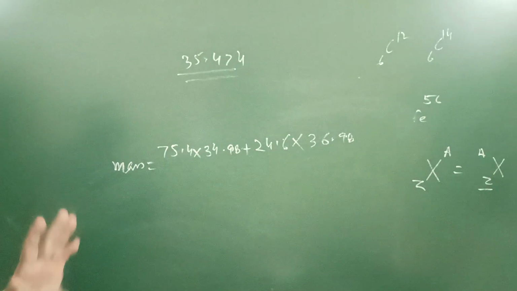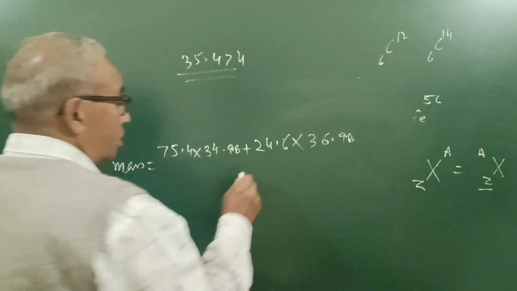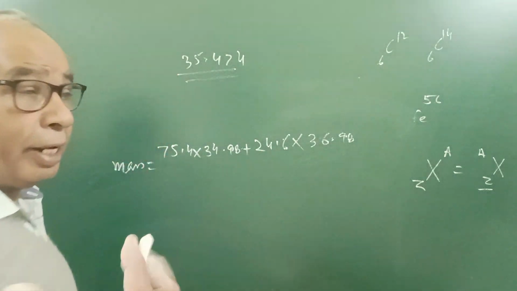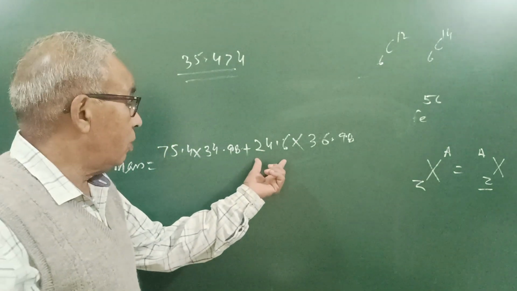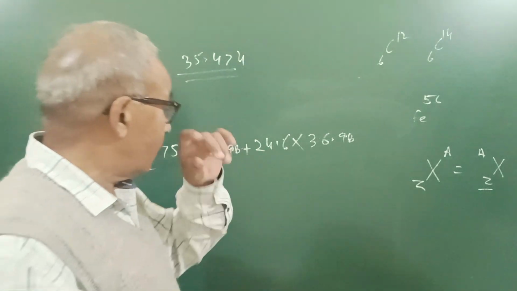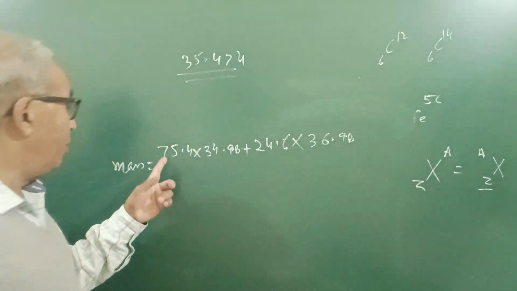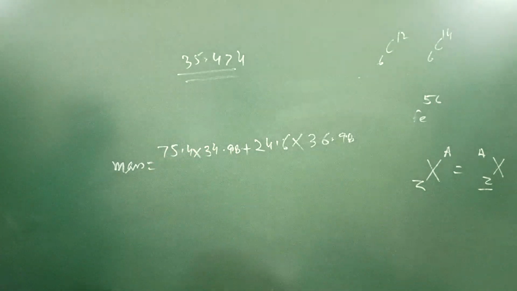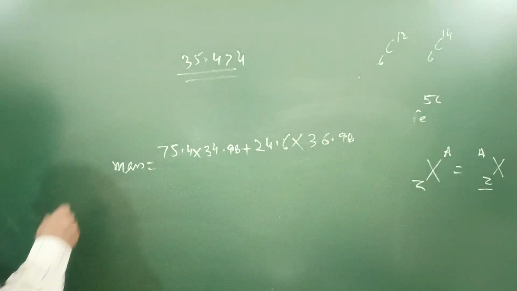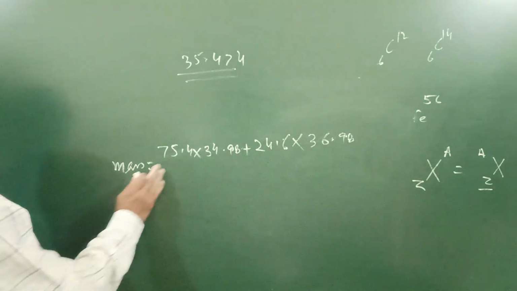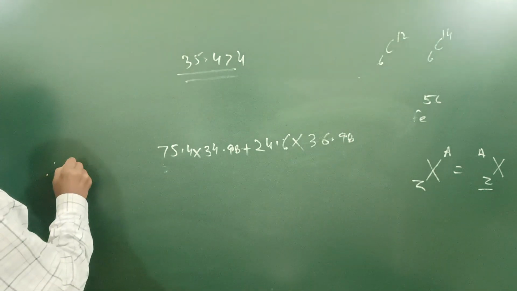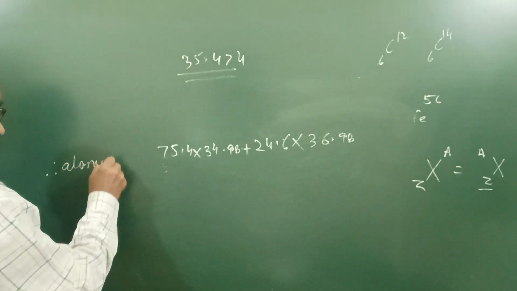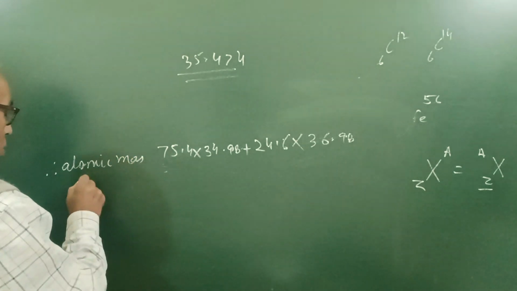In naturally occurring chlorine, if we take 100 isotopes, 24.6 isotope atoms have this mass, 75.4 have this mass. So what is the atomic mass of chlorine?